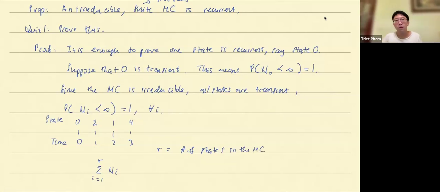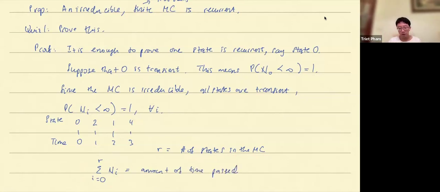If you sum up all the numbers of revisits, from i equals 0 across all the states of the Markov chain, what does this give you? This should give you the amount of time passed. Does that make sense?